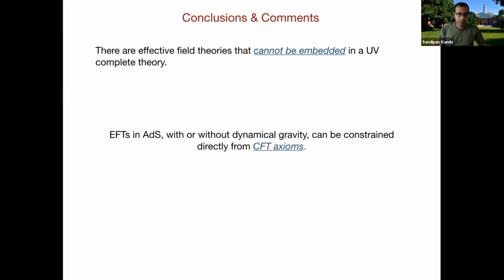The second point is that EFTs in ADS, with or without dynamical gravity, can be constrained directly from CFT axioms. To me, this is a very clean way of deriving constraints because they follow directly from axioms that we completely understand.